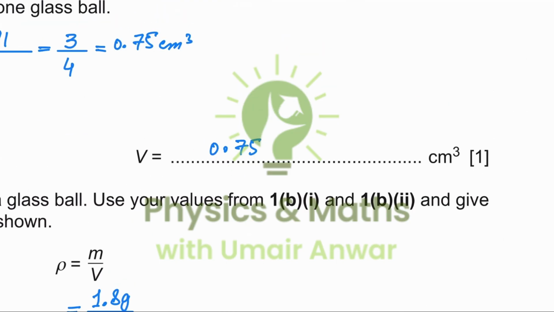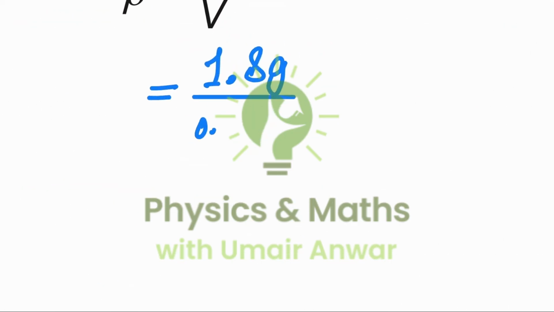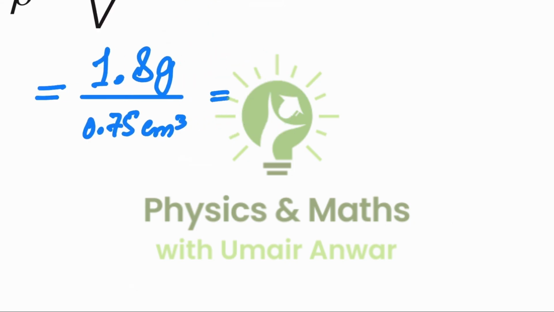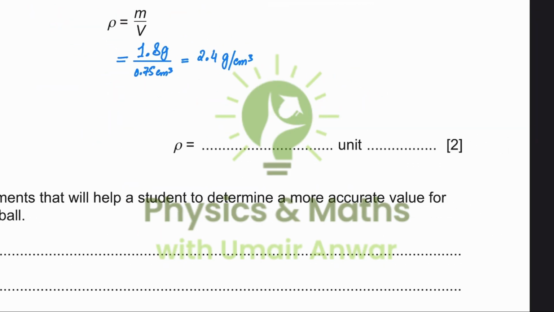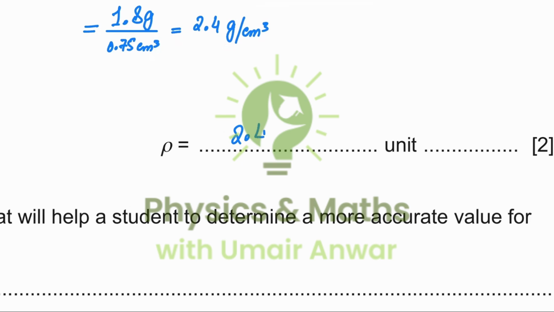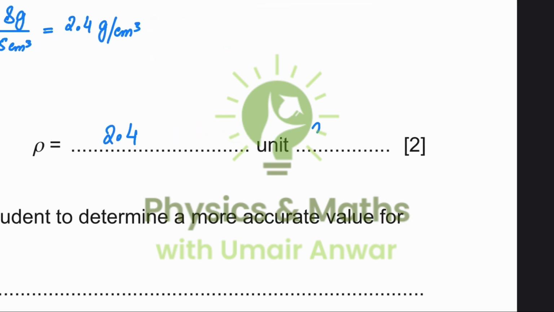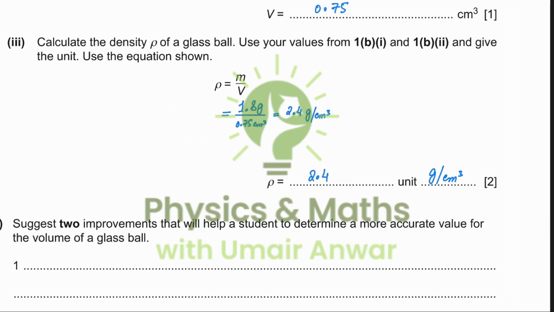And the volume of one glass ball came out to be 0.75 centimeters cube. And the answer for this division comes out to be 2.4 grams per centimeter cube. So the answer for rho is 2.4, and the unit with the answer is grams per centimeter cube, because the mass was recorded in grams and the volume was given in centimeter cube.